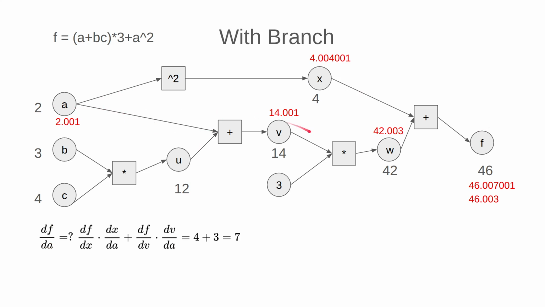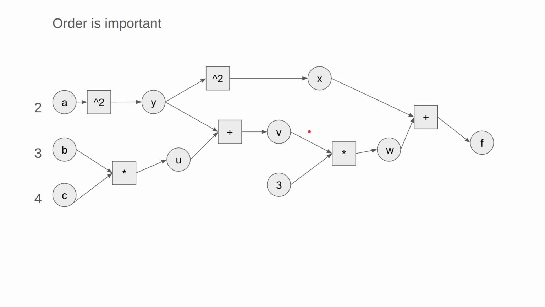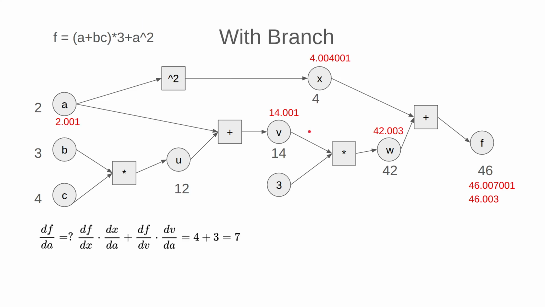So when we do the back propagation, we can do it to here and change the gradient of a. And when we do that for the second branch, we need to add the value into the gradient of a instead of changing the gradient to this value.